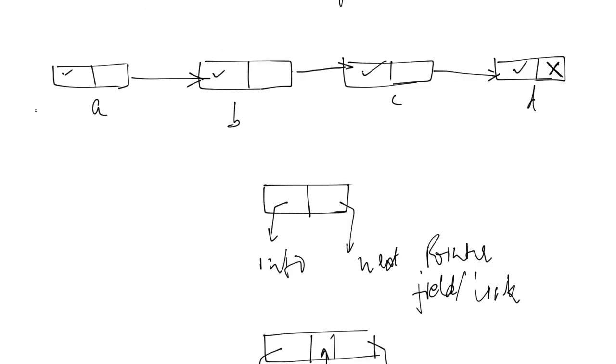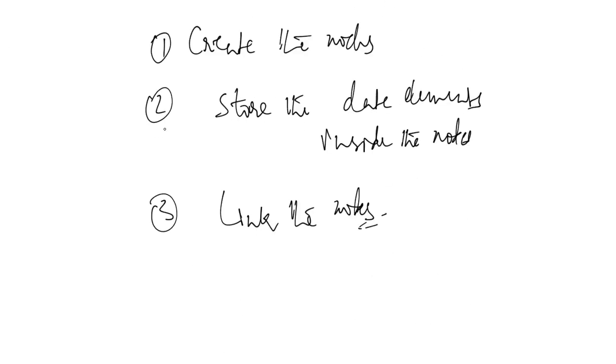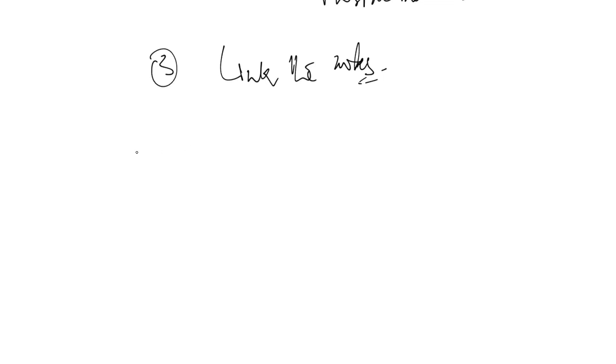So this should be taken as the schematic diagram of a list, and I am considering that I have to create a list of 3 nodes named A, B and C.